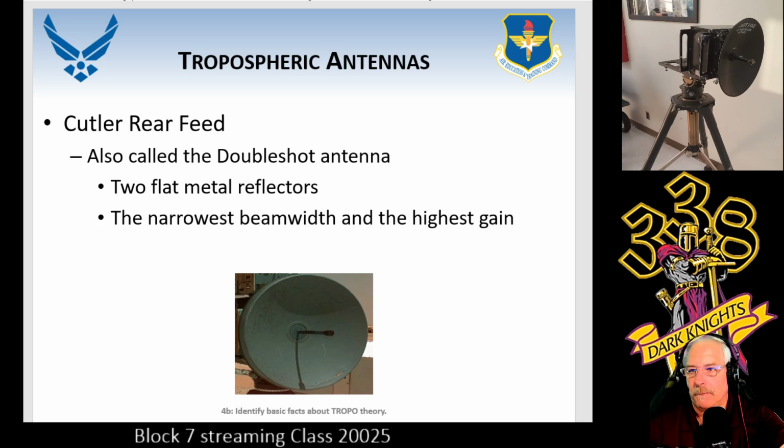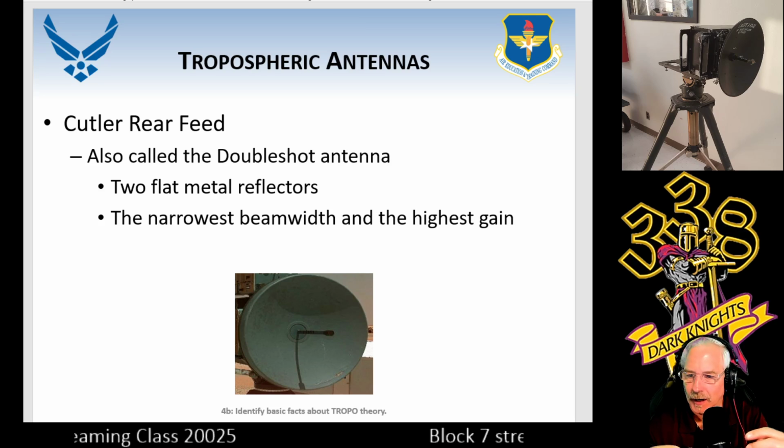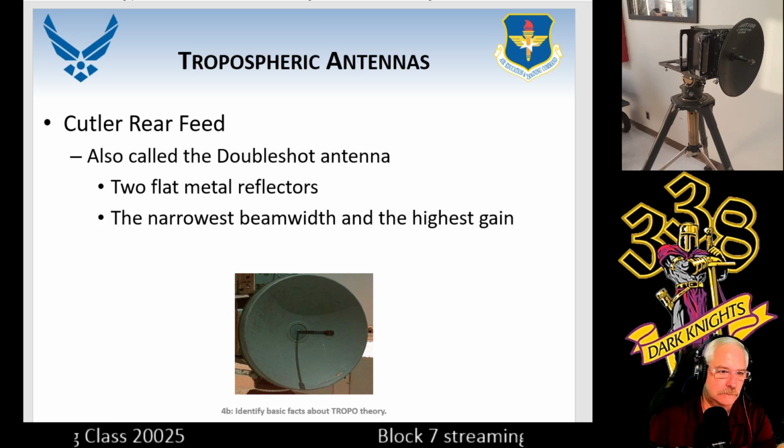What happens is it bounces off the dish, hits those metal reflectors, and somehow finds its way into those metal rectangle holes and then goes into the rear feed of the radio.